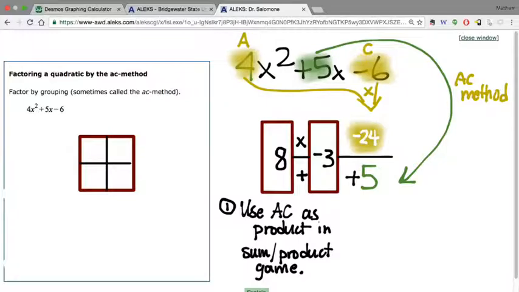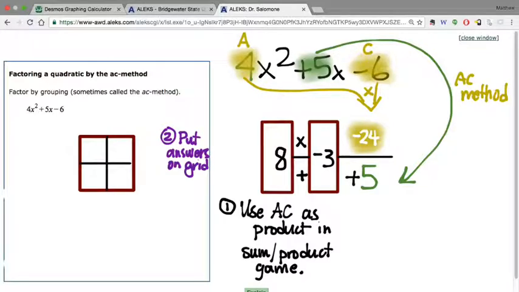Now we've played that game and we've won. We find out that 8 and negative 3 do it for us. And so then the second thing we'll do is we'll put 8 and negative 3, put our answers on the grid in the first row and in the first column.